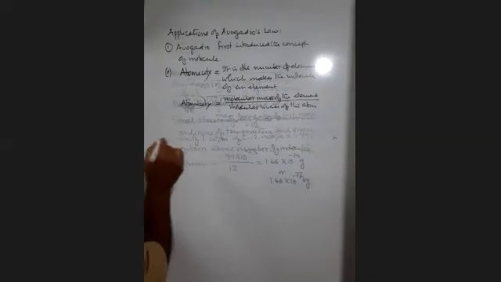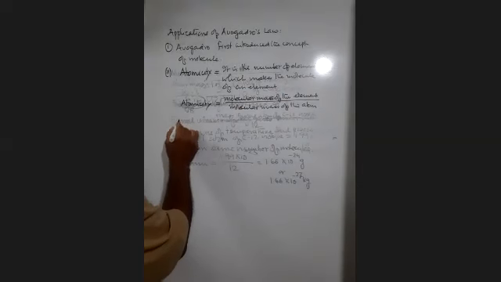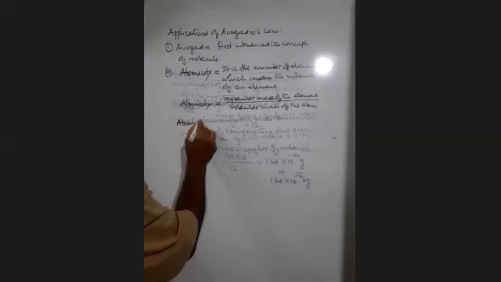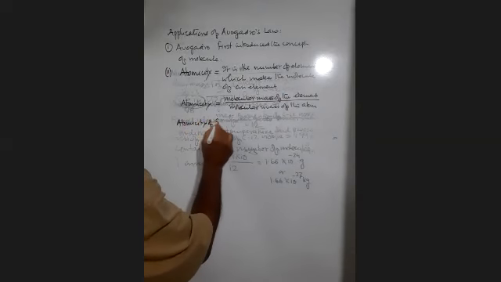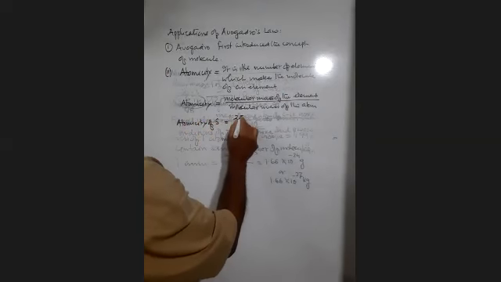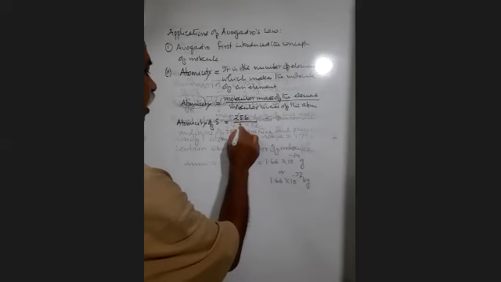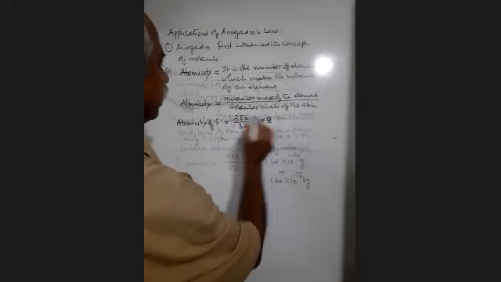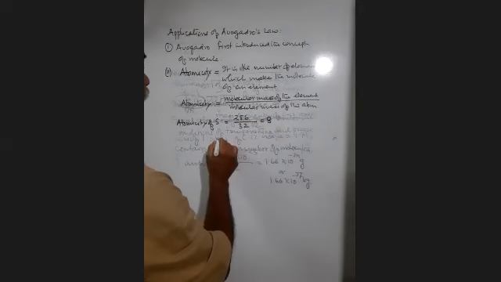See, for the atomicity of sulfur, suppose we do not know. We find the molecular mass of sulfur. The sulfur molecule is 256, but the atomic mass of sulfur is 32. So in that case, we find it is equal to 8. So from there, we come to know it is S8. So the sulfur molecule consists of 8 sulfur atoms.